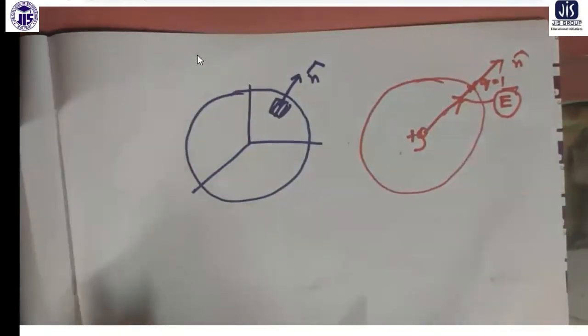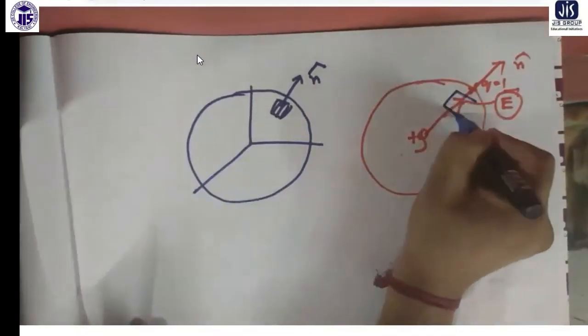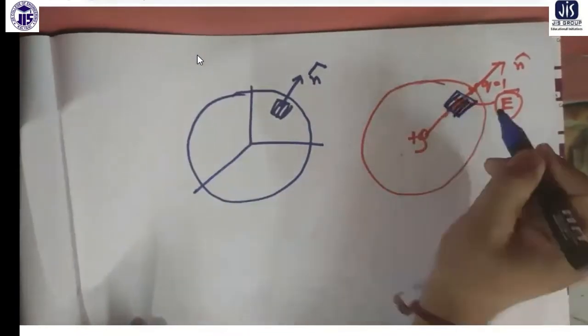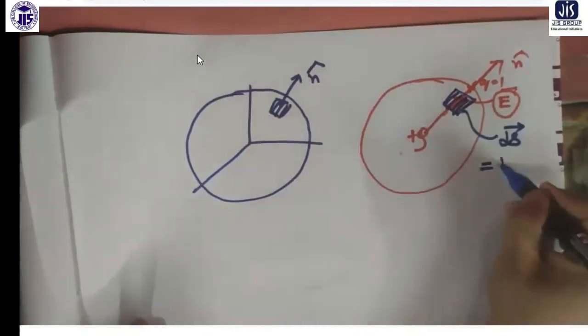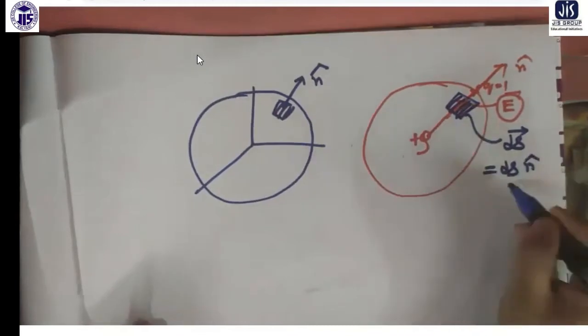Now if I consider a surface area ds, it is basically the magnitude of ds and the normal to the surface.